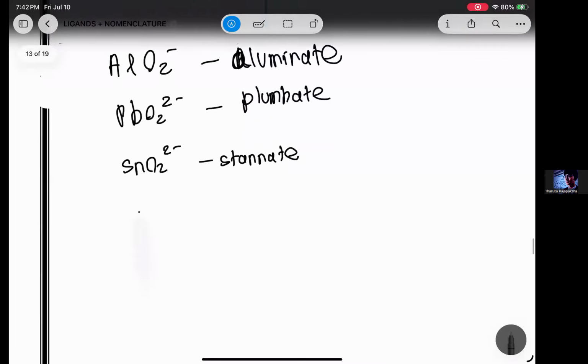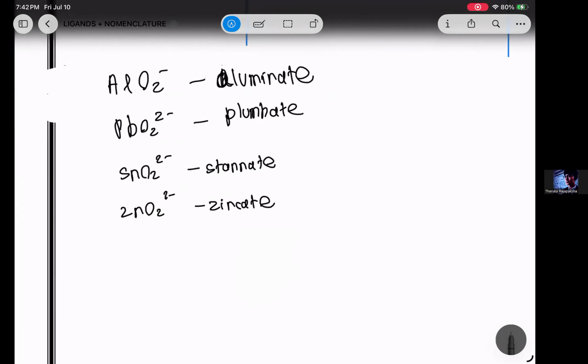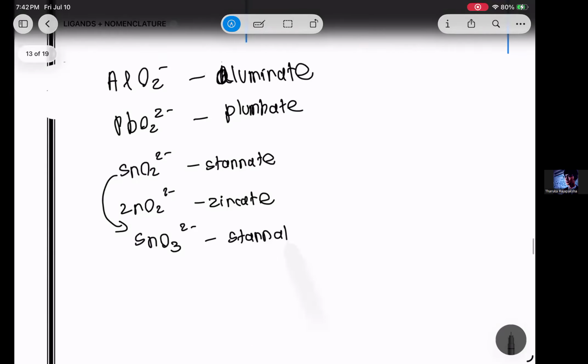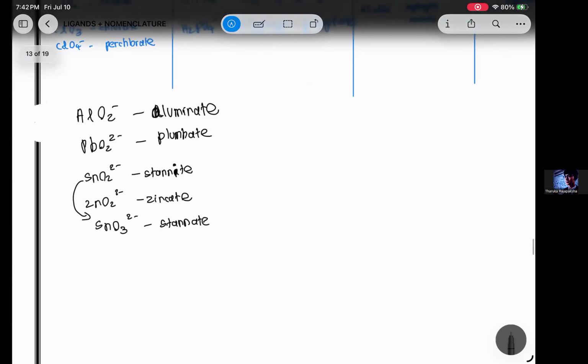And then next you have ZnO2 2 minus, zincate. Stannite is also there: SnO3 2 minus. Sorry, that one is stannate, the other is stannite. This is stannite, this is stannate. With the higher oxidation number, you call it stannate. So write these five also.